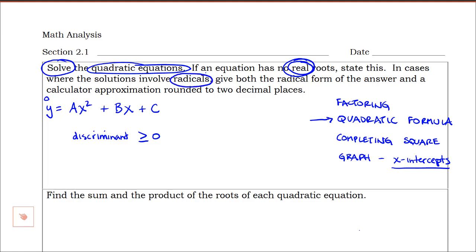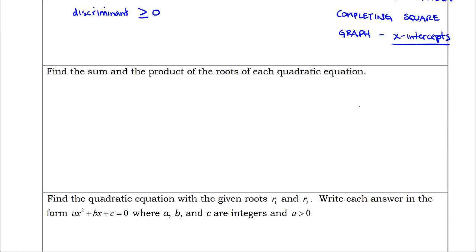So when we have radicals, a positive number under the radical, you can write your answer in exact form, or you can use your handy dandy push button brain called the calculator to get an approximation. Okay, there is an interesting relationship between the product and sum of the roots.